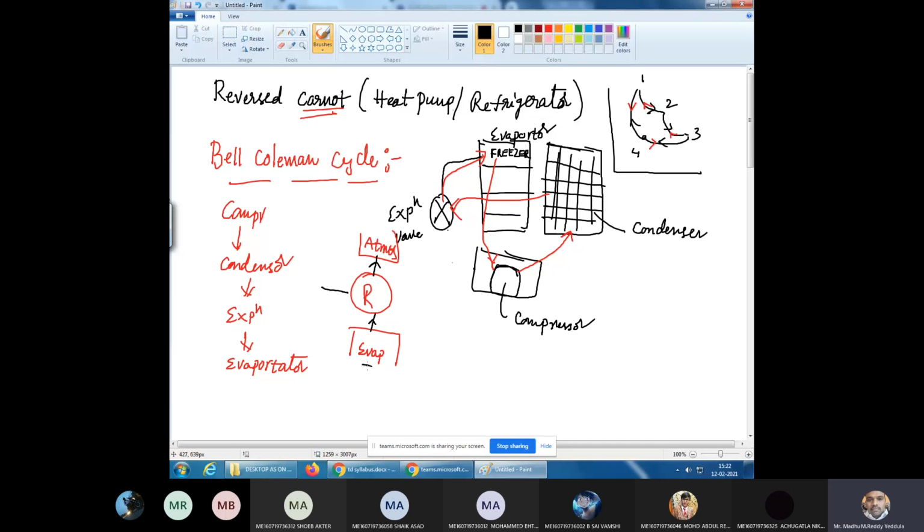And in order to do this, because this is a lower temperature body and it is higher temperature body, it is extracting heat from the body under lower temperature and rejecting heat to the body under high temperature. This is Q2, Q1. In order to occur this, we need to supply work. So that's why the refrigerator is a work consuming device. Okay, refrigerator is a work consuming device.